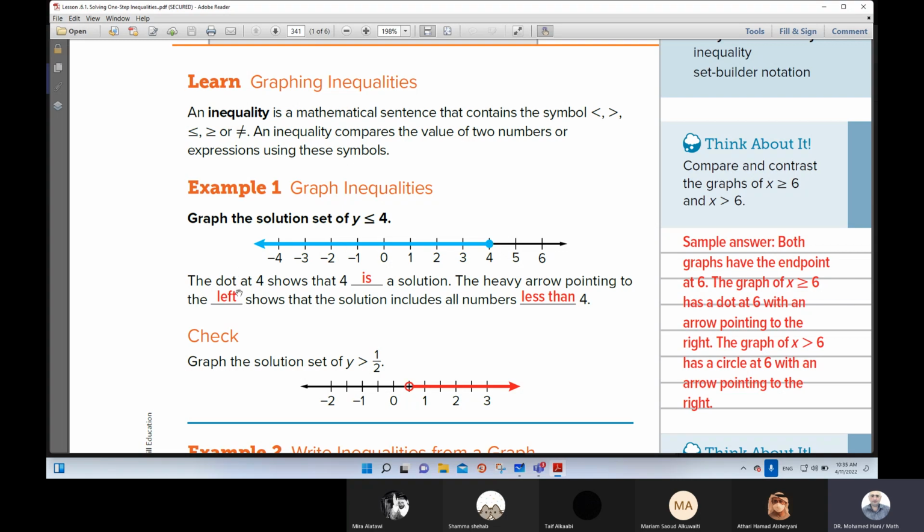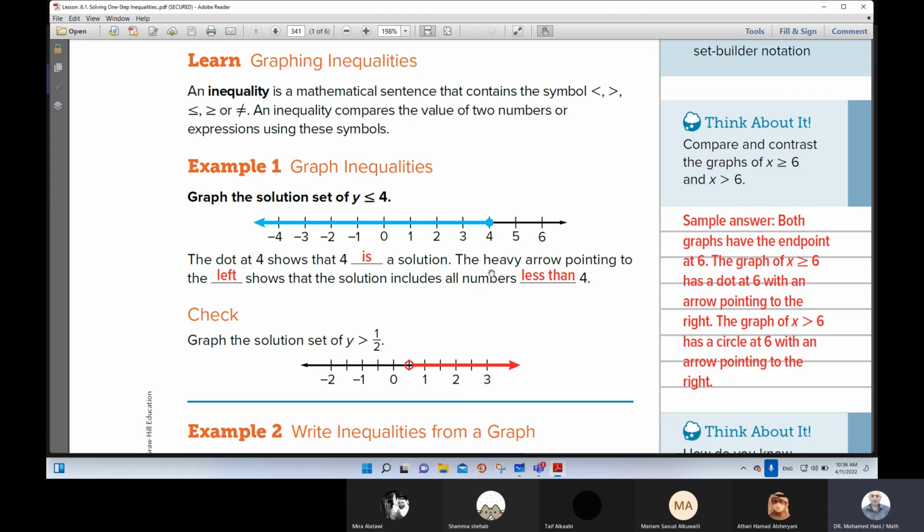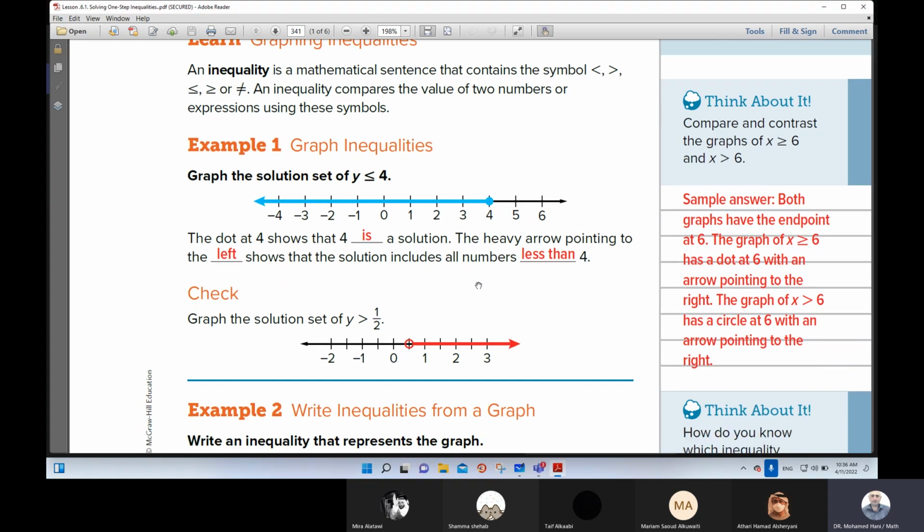So the dot at 4 shows that 4 is a solution. The heavy arrow pointing to the left shows that the solution includes all numbers less than 4.